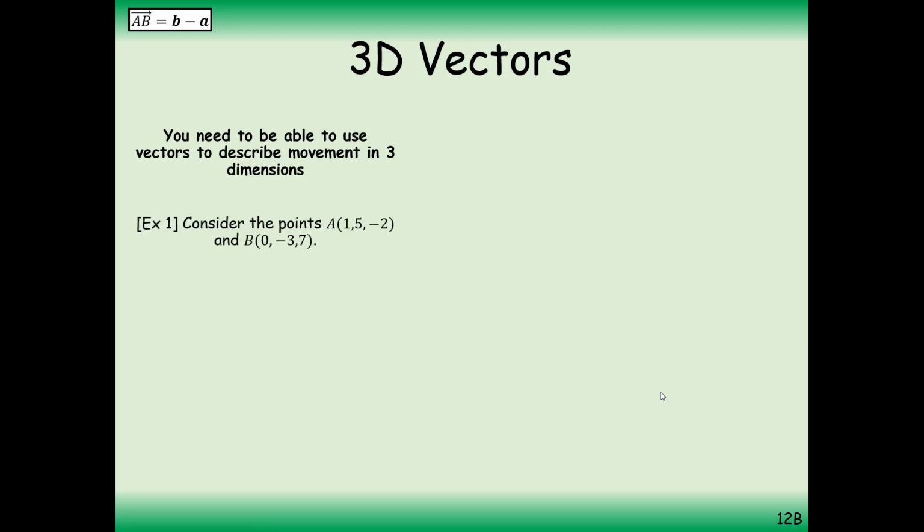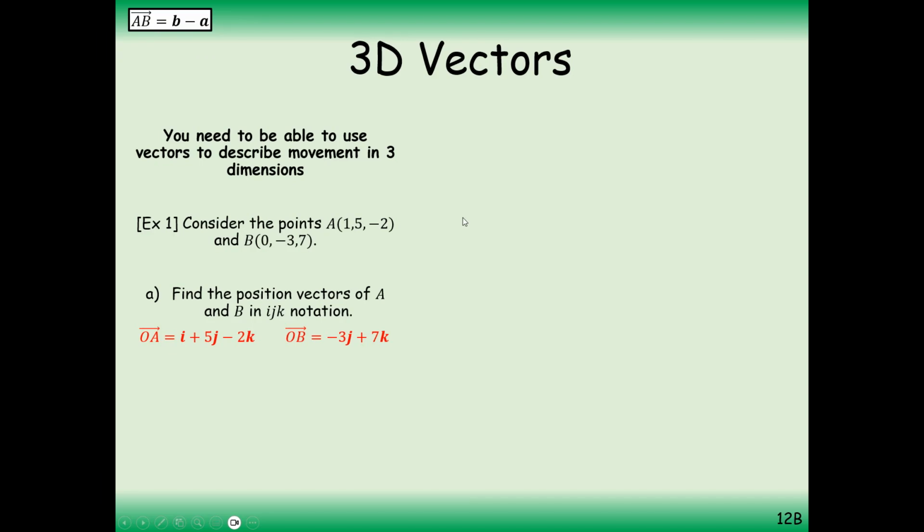Okay, so now looking at the first example here, we've been given these 2 points, and we've been asked to find the position vector of A in column notation, where i, j, and k are in column notation. Just like previously, to find the position vector, all we have to do is rearrange them in column notation.